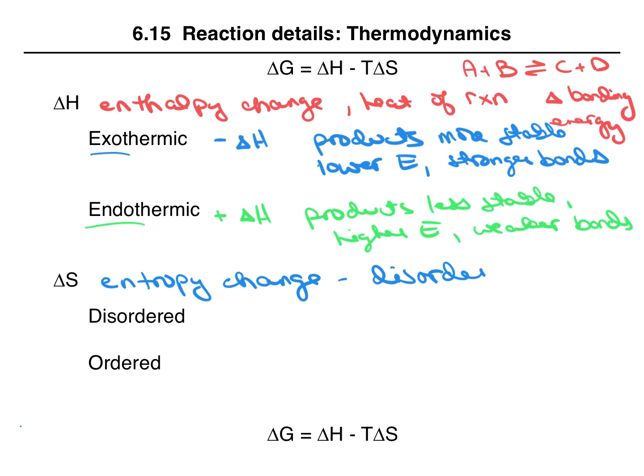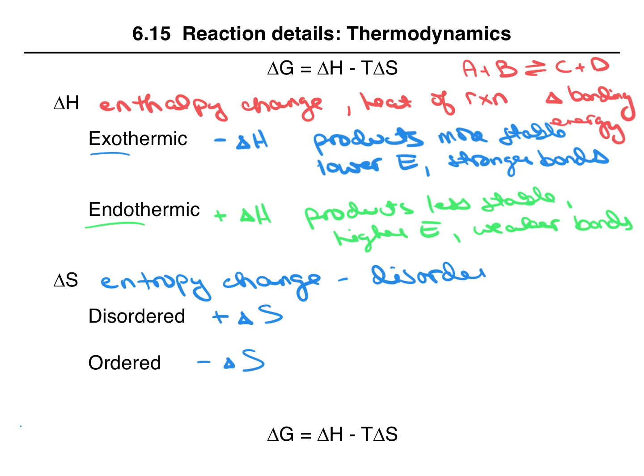Now, if a system becomes more disordered, then we have a positive value for delta S. If a system becomes ordered, then we have a negative value for delta S. So we gain entropy when we gain disorder. In real life, this is when your room gets messy, your office desk gets messy.